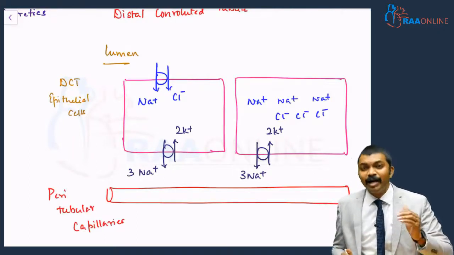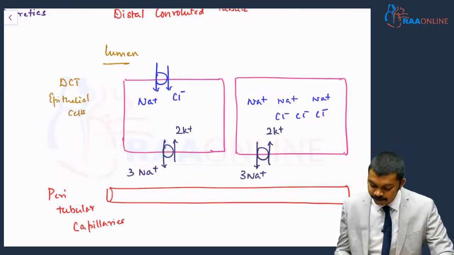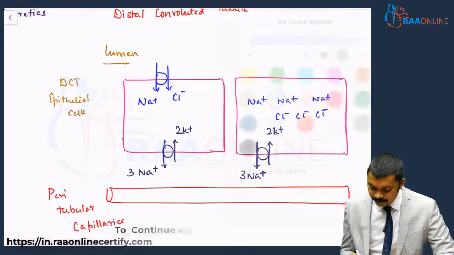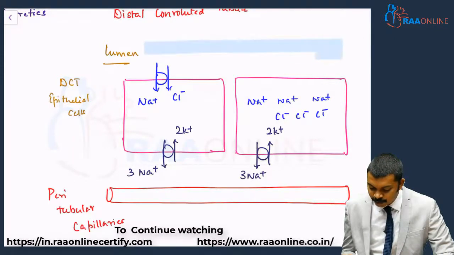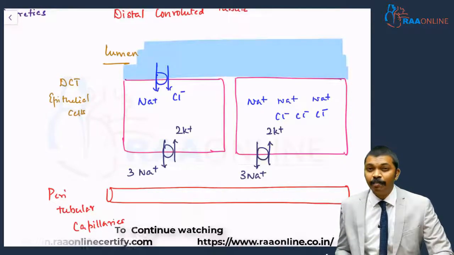There is going to be a reduction in sodium chloride concentration. When the concentration of sodium and chloride in the luminal fluid falls, the luminal fluid becomes very dilute as well as hypoosmotic.